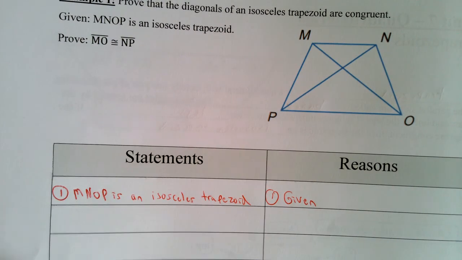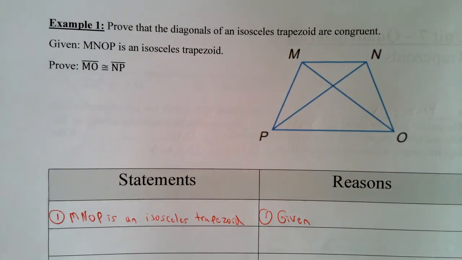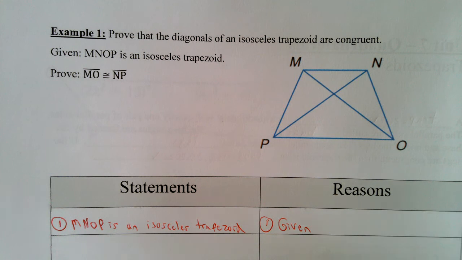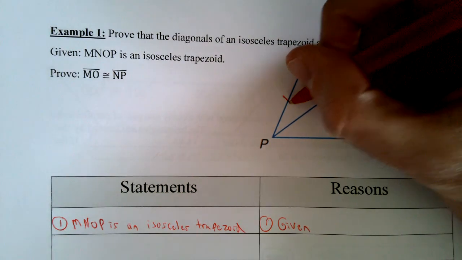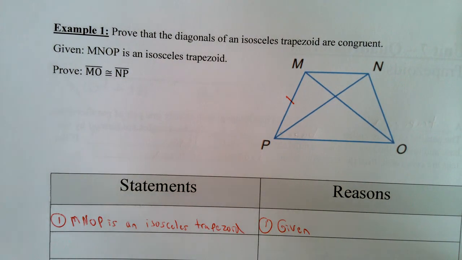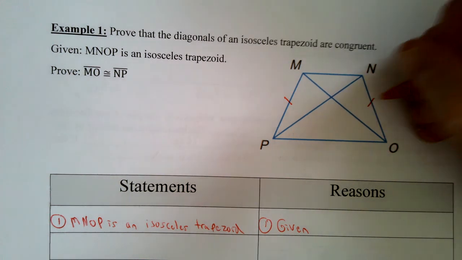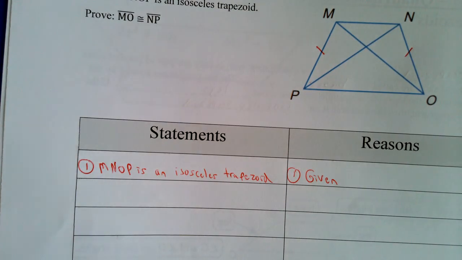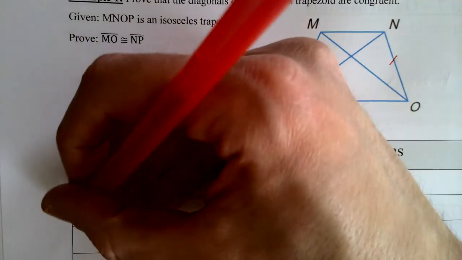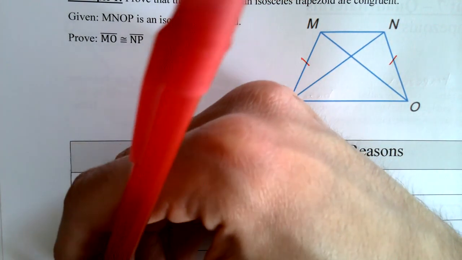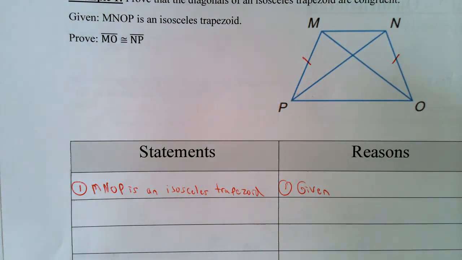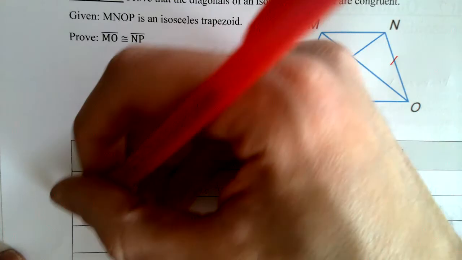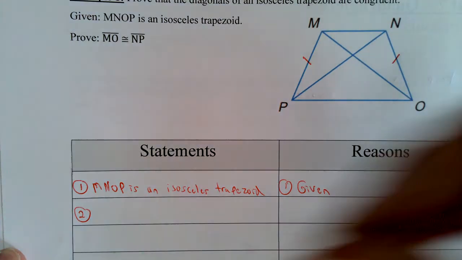Since MNOP is an isosceles trapezoid, it means that the legs are congruent. So MP has to be congruent to NO because it's isosceles. That'll be my second statement. I'm going to say that segment MP is congruent to segment NO. I believe this is six steps.